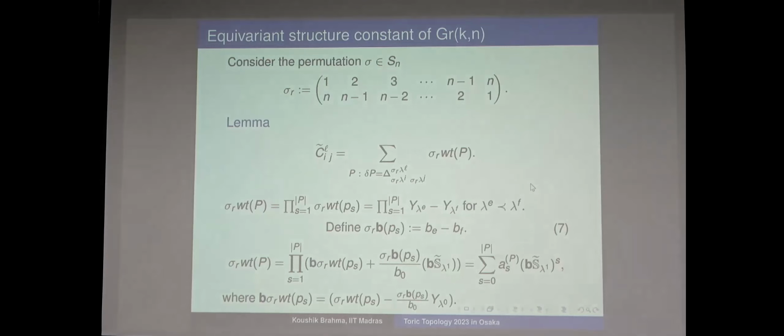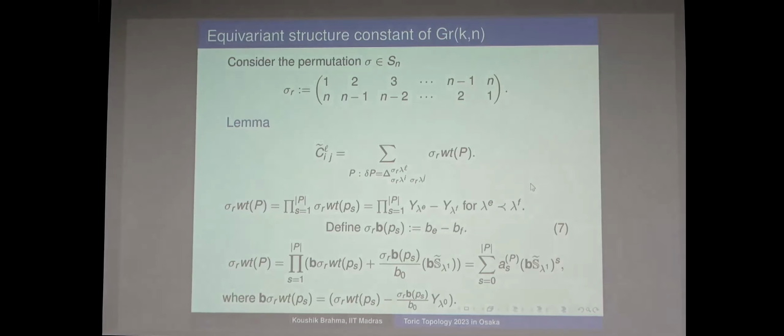If I consider a puzzle with boundary lambda I, lambda j and lambda k, then for this lambda I, we can consider a sequence of 1s and 0s, like k many 1s and n minus k many 0s, with 1 in the lambda ith positions. For example, for k equals 2, n equals 4, if we consider lambda equals 1 3, then the sequence will be 1, 0, 1, 0.